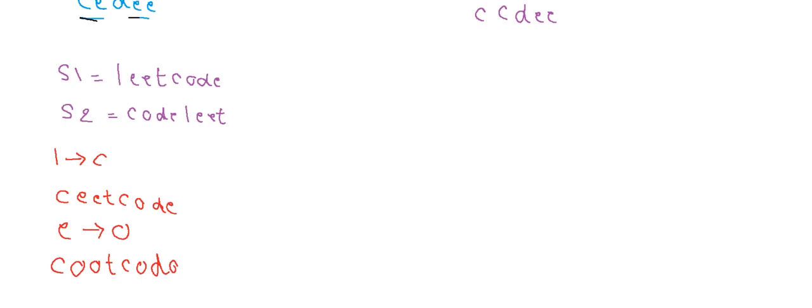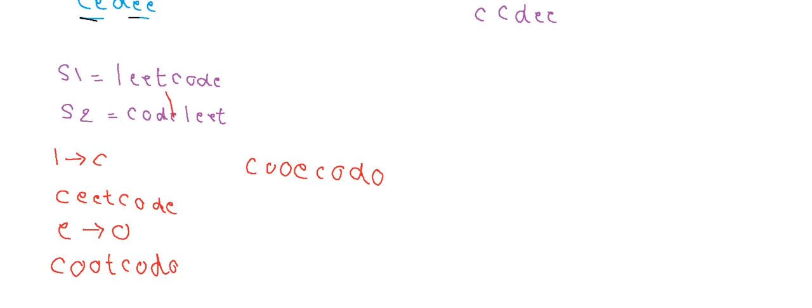Then I'm going to replace t with e, for example, because this t maps to e. So my resulting string would be c, o, o, e, c, o, d, o.